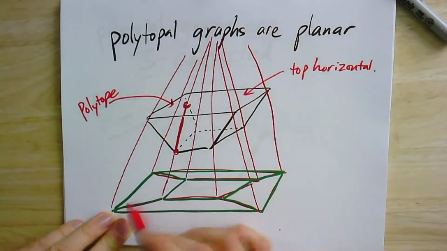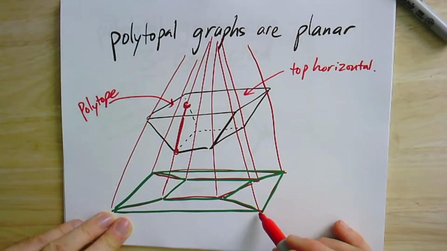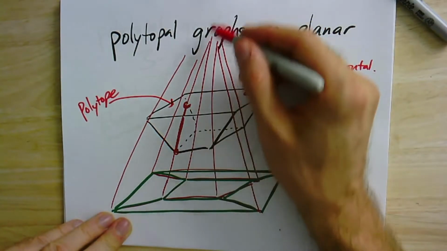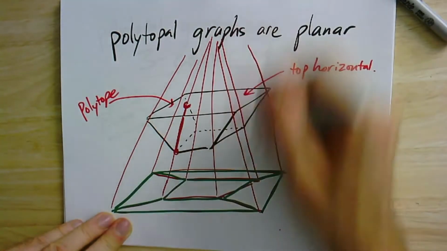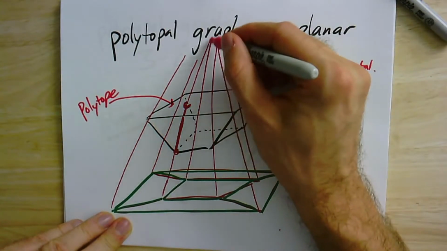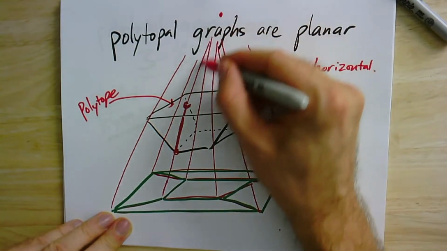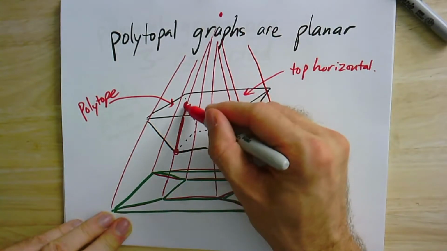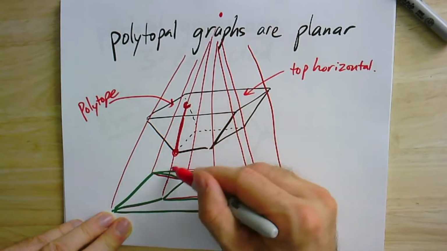The reason I put it high up was just so that the projection would stay on the page. But I'm going to take that point and project through that point down to the plane. So for instance, say that point is up here. As it goes through, it enters that top horizontal face, and it leaves again at this vertex.